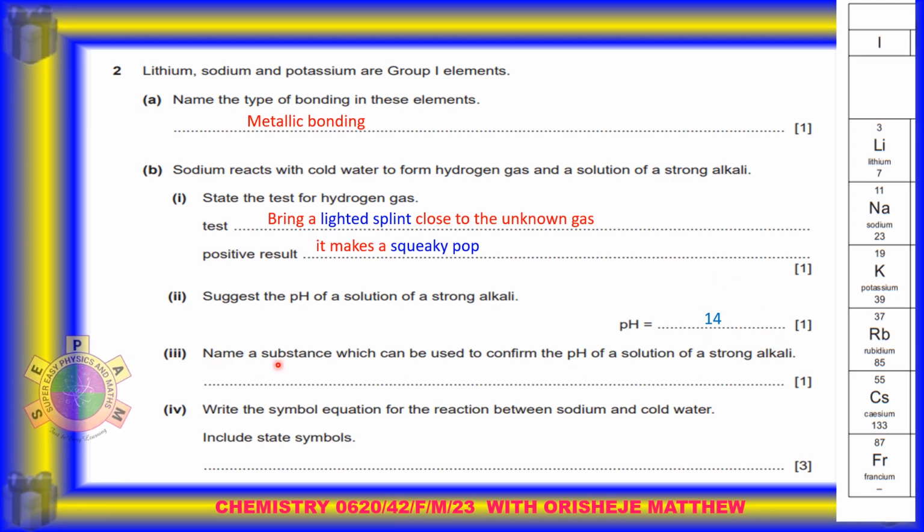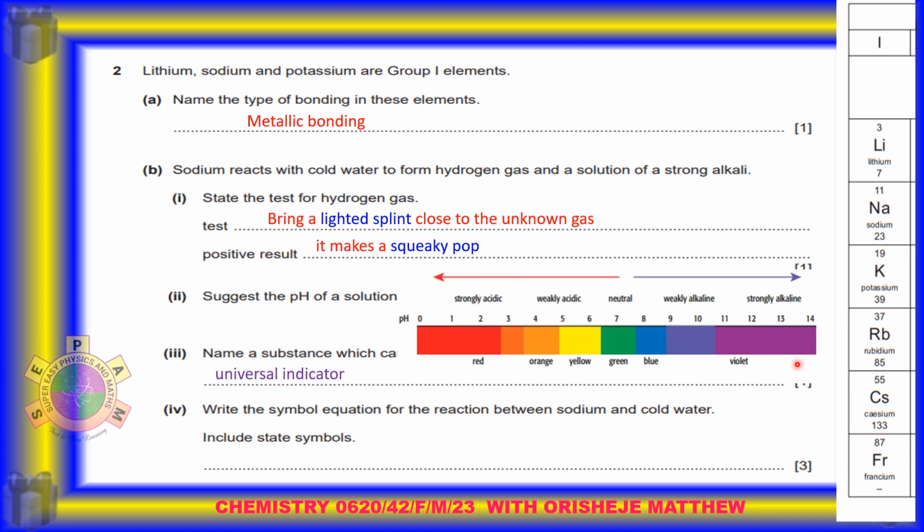Now name a substance used to confirm the pH of a strong alkali solution. Universal indicator. How do you know? The color of the universal indicator changes based on the pH.